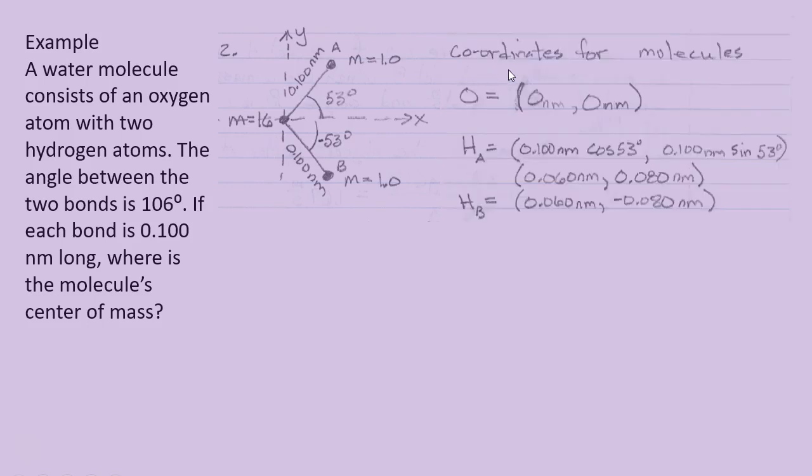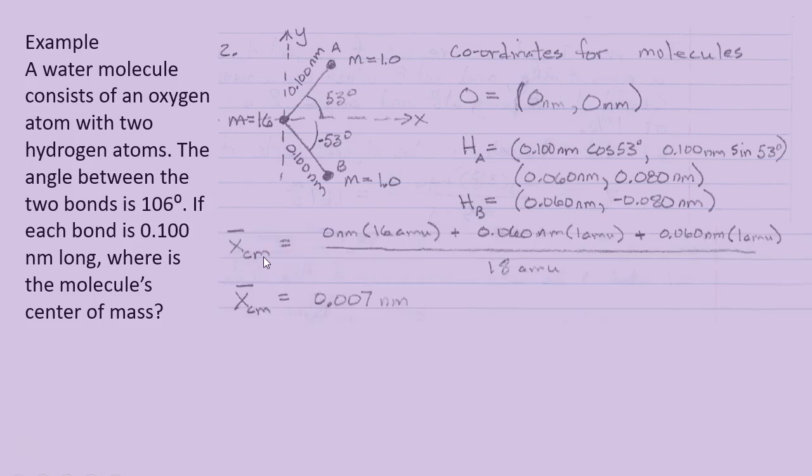Next, we have to find the coordinates of the molecules. So the oxygen atom I arbitrarily picked at the origin, 0, 0. The hydrogen atoms, we have to use some trigonometry to find out their x and y coordinates. So for the A hydrogen atom, it's 0.06 nanometers, comma, 0.08 nanometers, and for the B hydrogen atom, it's 0.06 nanometers, comma, negative 0.08 nanometers.